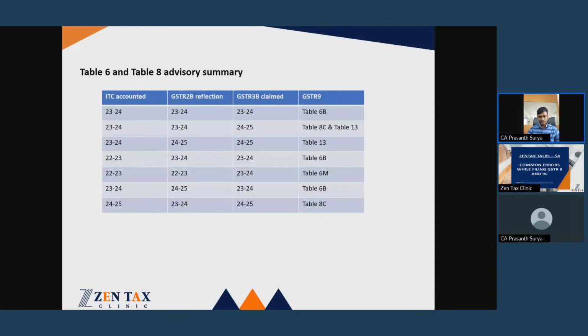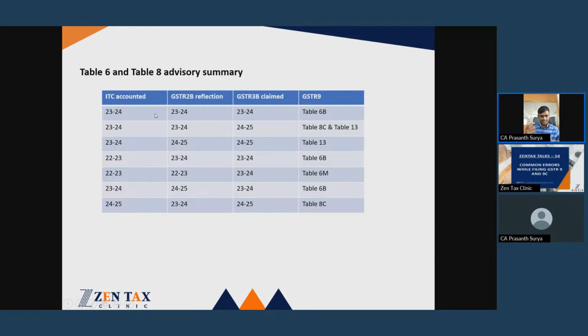So to summarize, yesterday also, as I already said, there was an advisory in this regard. To summarize this, I have prepared a table here.